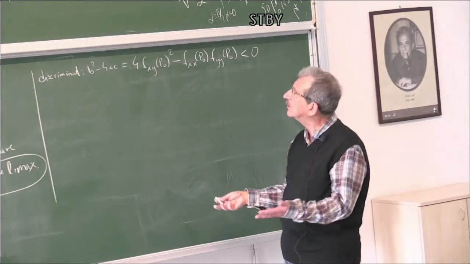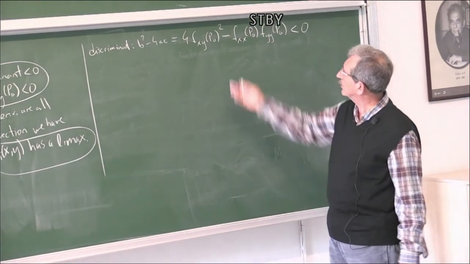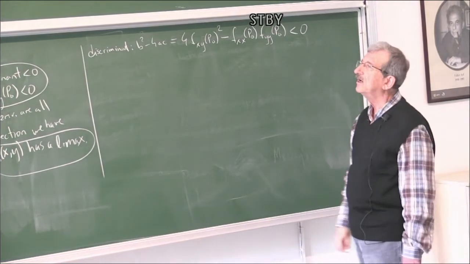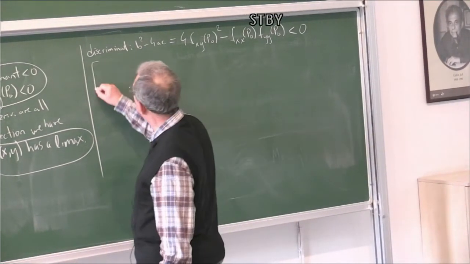Okay, so this condition says that f_xy squared must be smaller than this product. Well, actually, notation here.